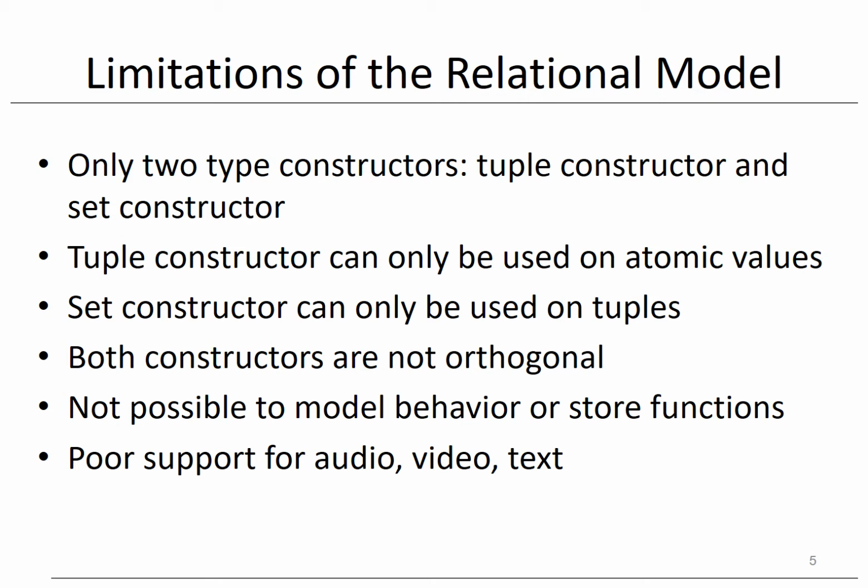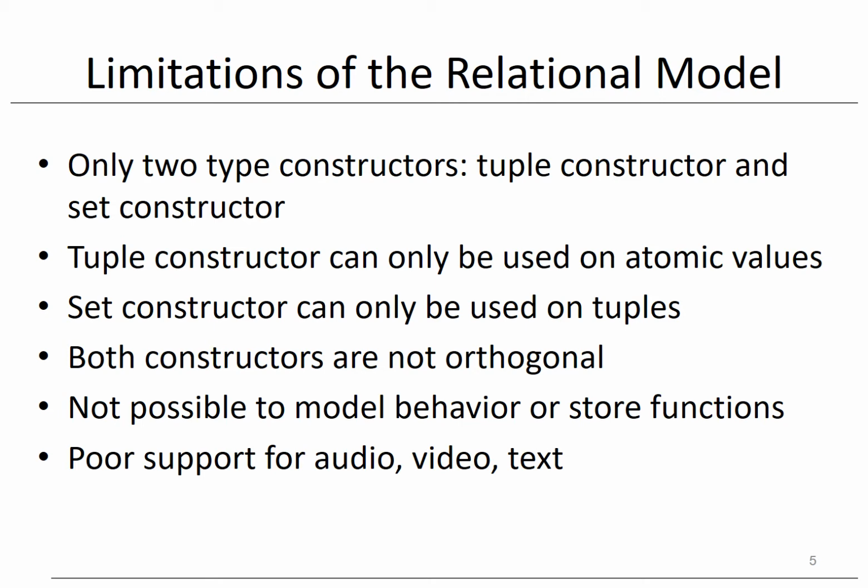The relational model only supports two type constructors, the tuple constructor and the set constructor. The tuple constructor can only be used on atomic values, which implies that composite attribute types cannot be directly modeled. The set constructor can only be used on tuples, such that multi-valued attribute types cannot be supported.